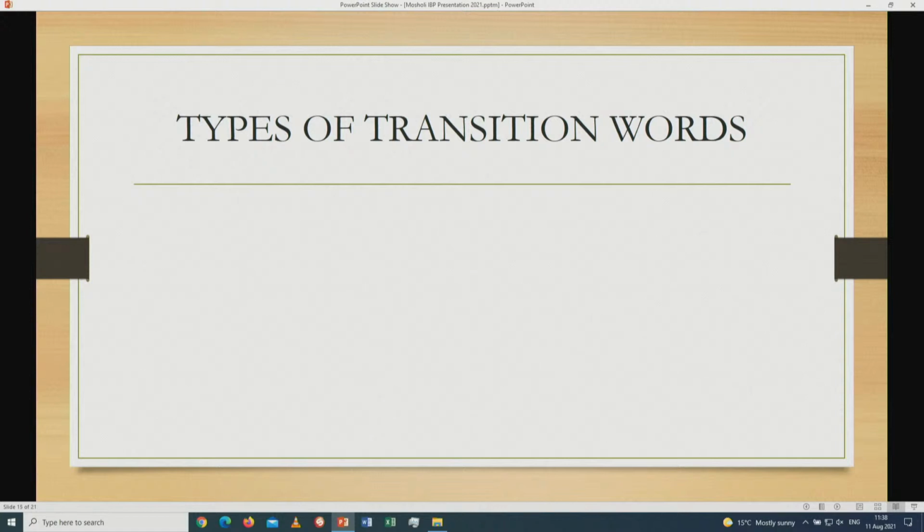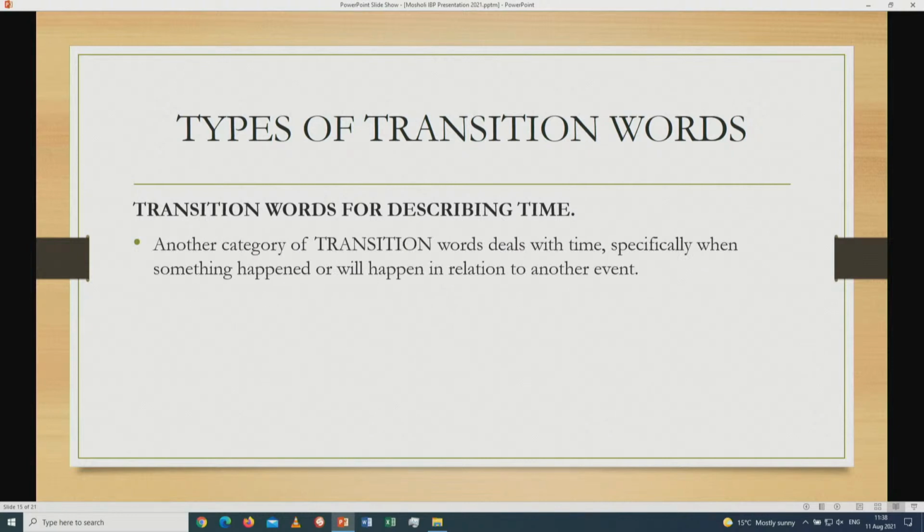Types of transition words: transition words for describing time. Another category of transition words deals with time, especially when something happened or will happen in relation to another event.